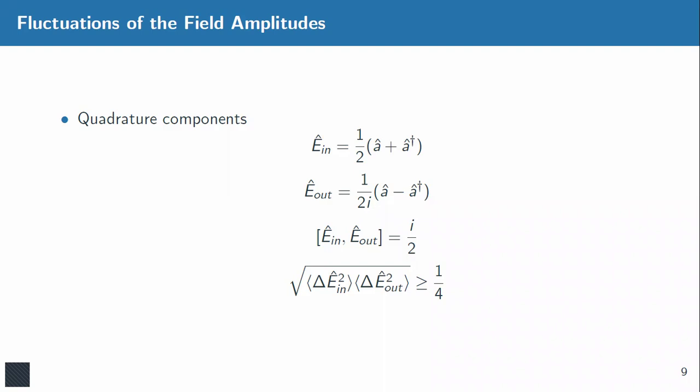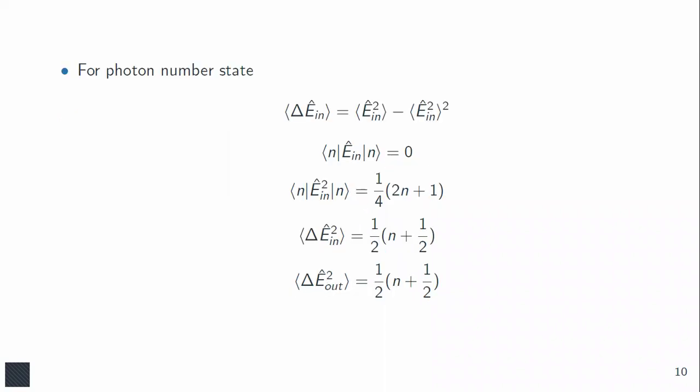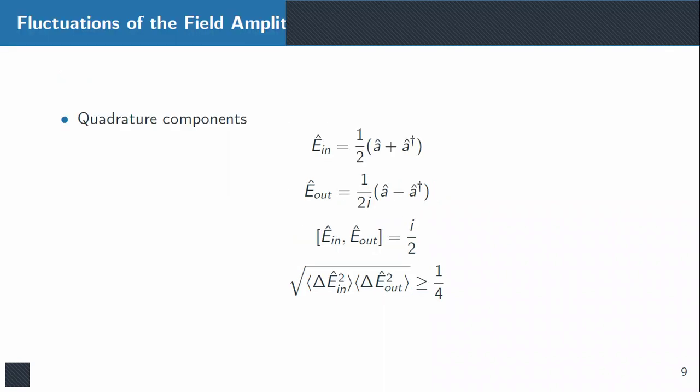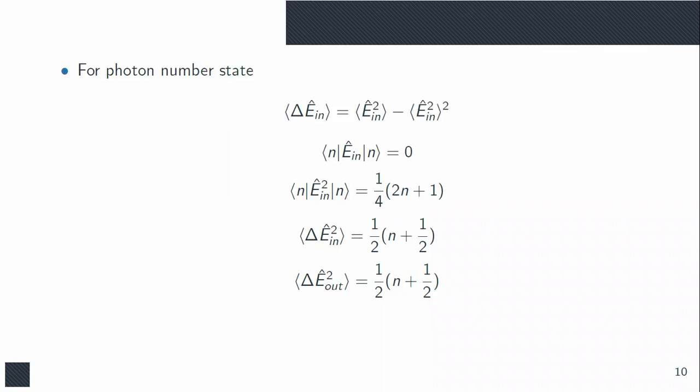The last expression could be described by the photon number state, and using the expressions for the out-of-phase and in-phase field quadratures, we could calculate their fluctuation, that is the variance of the field quadratures.